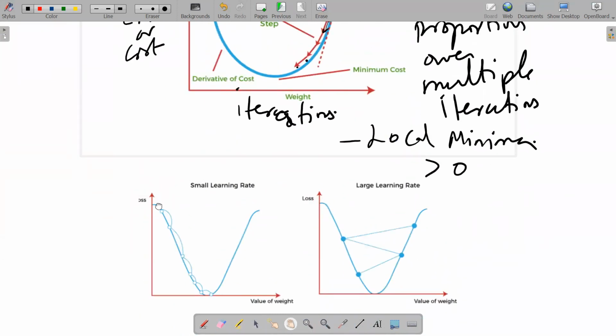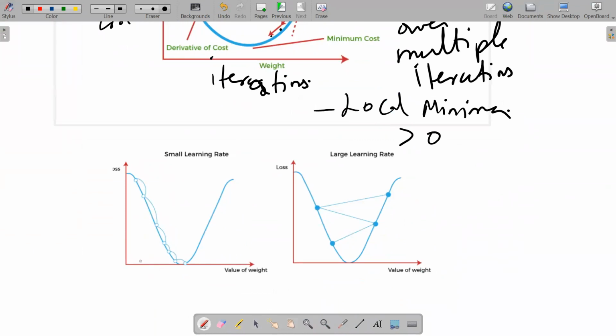If you are reducing in smaller proportions, you will stay on one side of the error. If you tend to do it in larger proportions, you will bounce on both sides of the error.